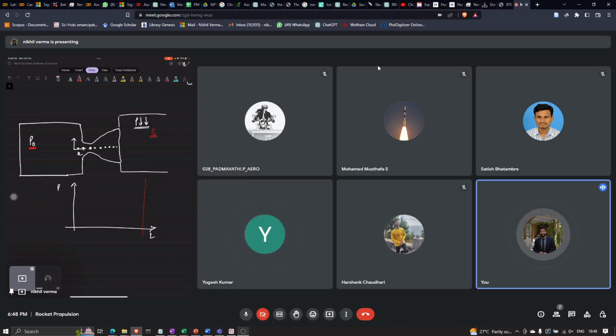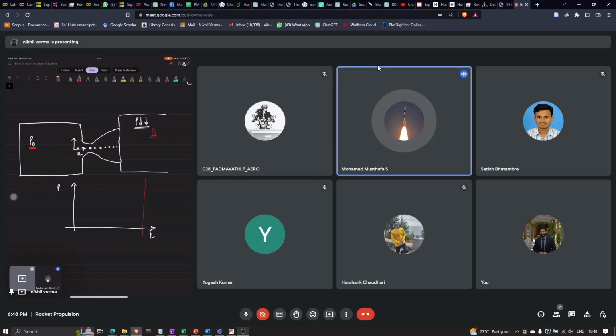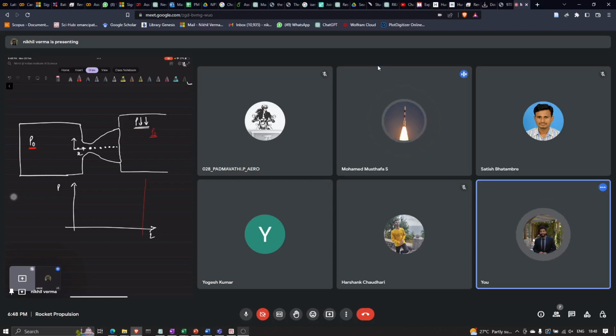I'm just asking, if the pressures are the same at the exit and the inlet, do you feel the flow will take place? Yeah, a pressure difference has to be there to have a flow, right? So if the flow is not there, at every point the pressure will remain the same, right?